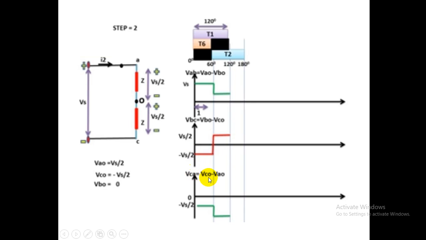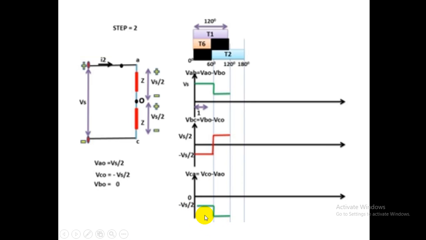VCA is calculated as VCO minus VAO. As we know, VCO is minus Vs by 2, and minus of Vs by 2 will become minus Vs. Look at this, this is minus Vs.